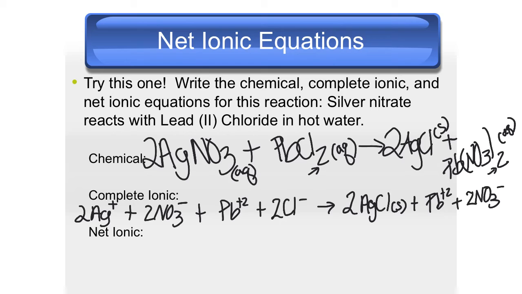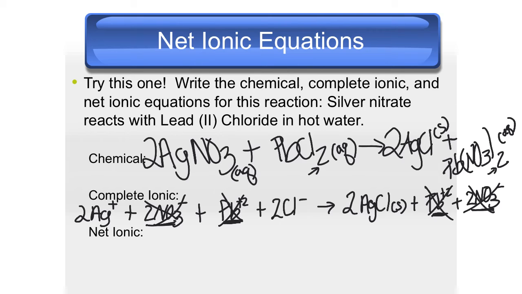And to get the net, what we do is we get rid of the spectators. The spectators are the ones that do not change from the left to the right side. They stay an ion. So the 2 that stay an ion are our lead and our nitrate, because silver became part of the solid silver chloride, and so did chloride. So those changed. So nitrate and lead are our spectators.